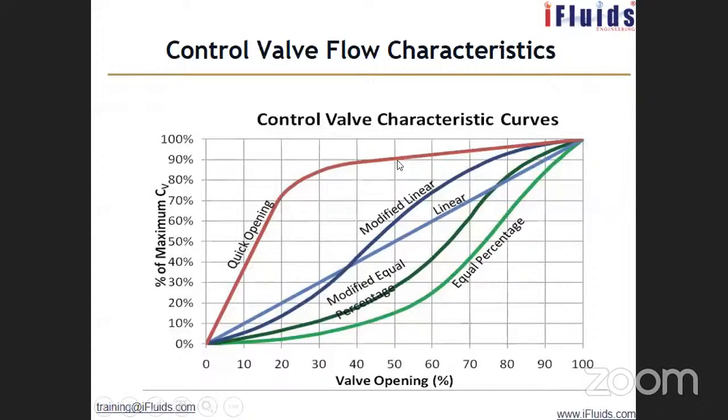It reaches a peak and then it gradually goes to the 100% condition. Equal percentage doesn't start like quick opening; it starts slowly, the flow rate increases and it follows this curve. Equal percentage means if you open 10% of the valve, 10% of the flow, 20% of the valve, like that. And modified equal percentage is this one, and modified linear is this one. You simply understand linear and equal percentage, two important valve characteristics.